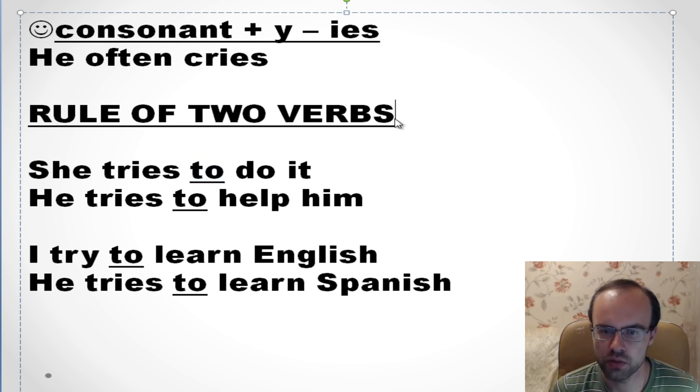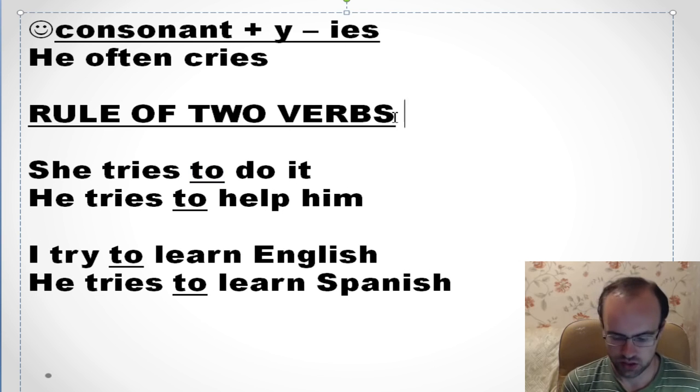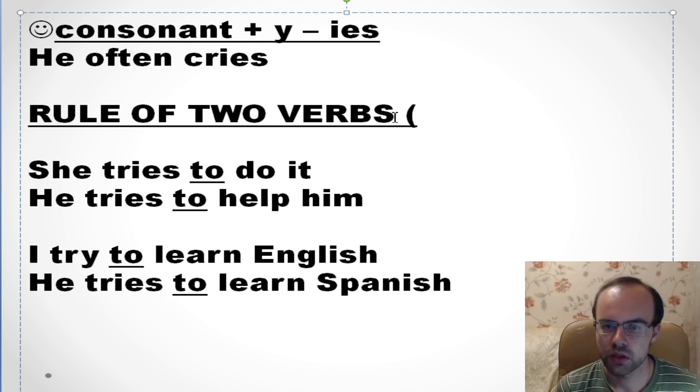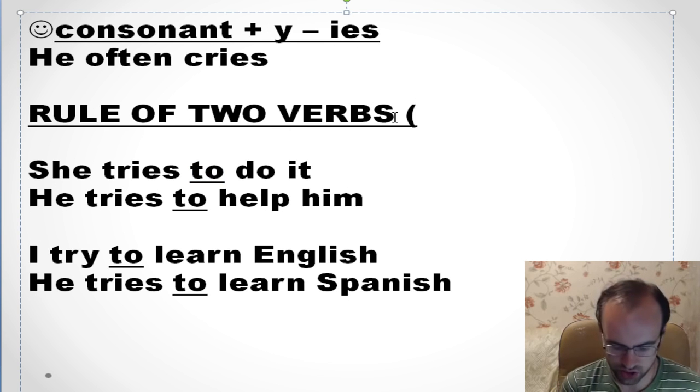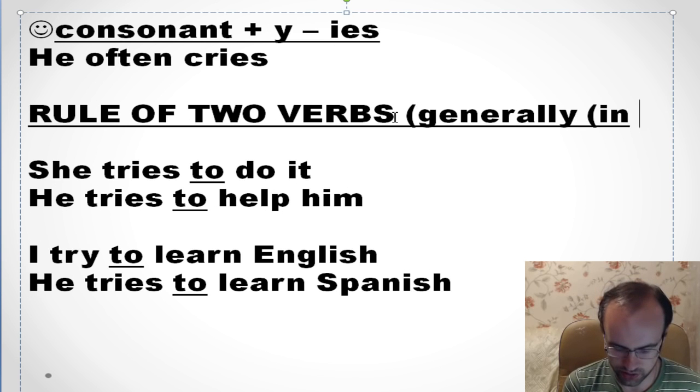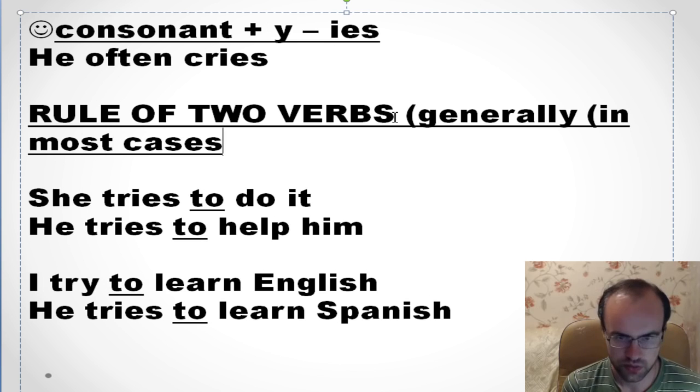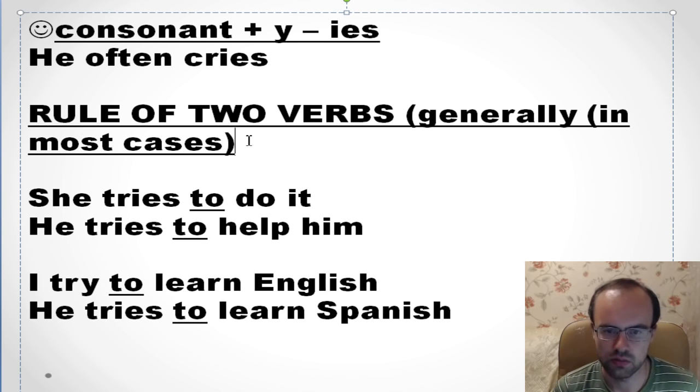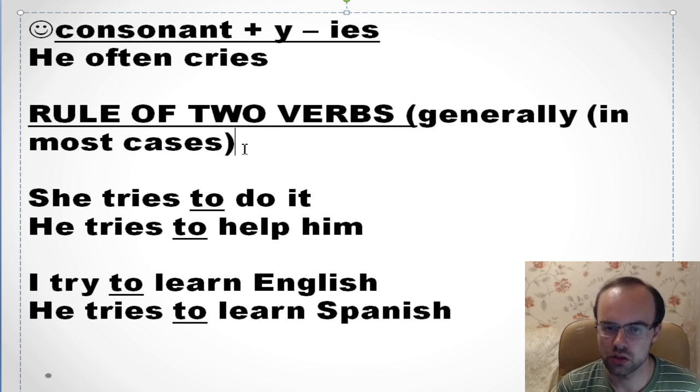Rule of two verbs. So generally, or in most cases, you need to put to between these two verbs.